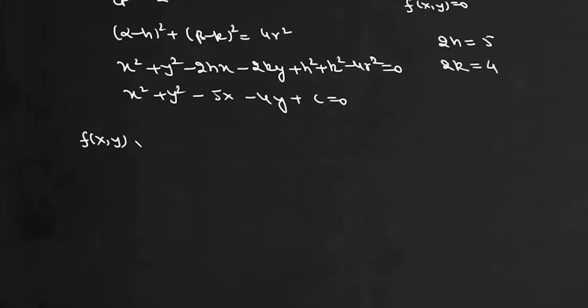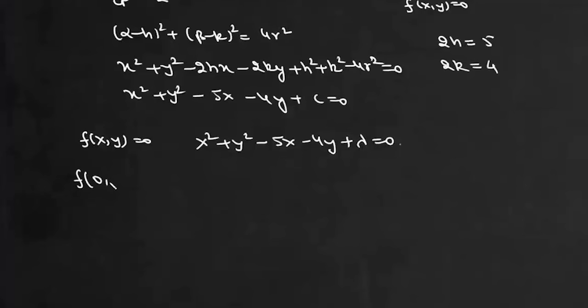So this f(x,y) equals 0 will be x square plus y square minus 5x minus 4y plus lambda equals 0. Now it is given that f(0,y) has equal roots. So if you put x as 0, we'll get y square minus 4y plus lambda equals 0.